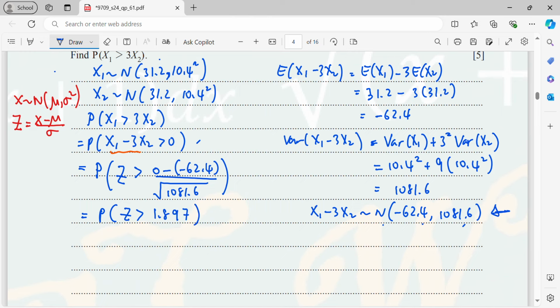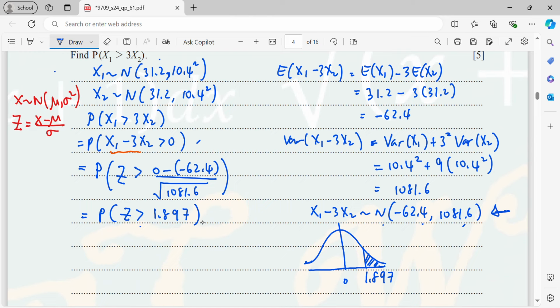1.897. Okay, so when you get greater than 1.897, you need to count this probability, draw the graph or sketch a graph. It is a bell-shaped curve, symmetrical at origin. So now 1.897 is on right side. Since it's greater than means a region towards right side.